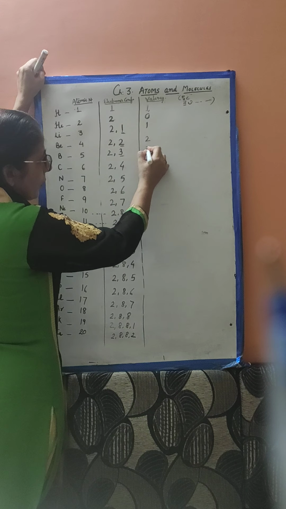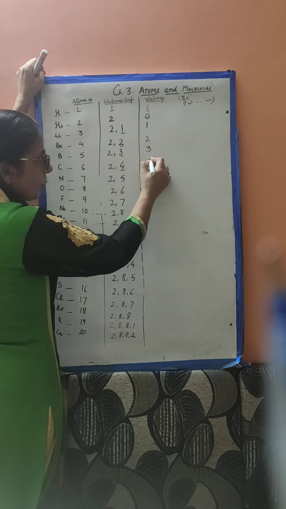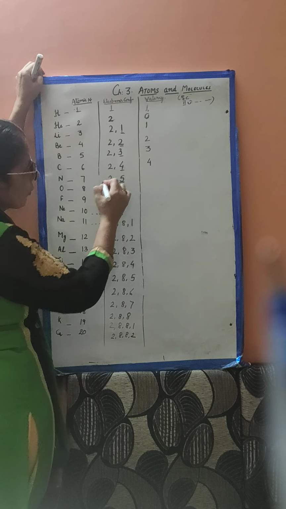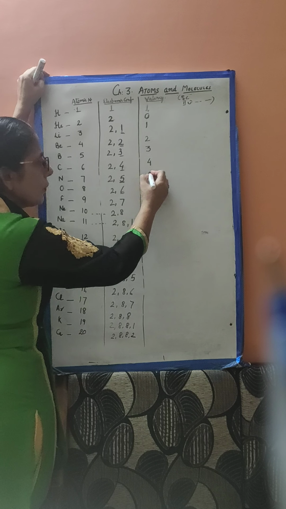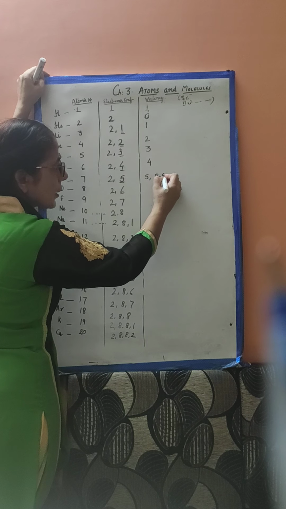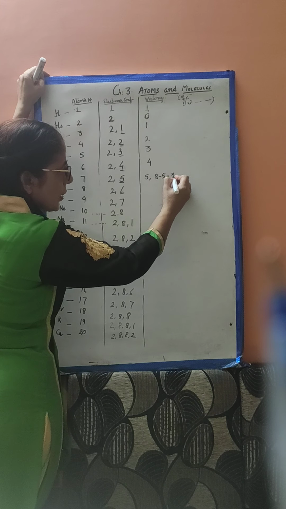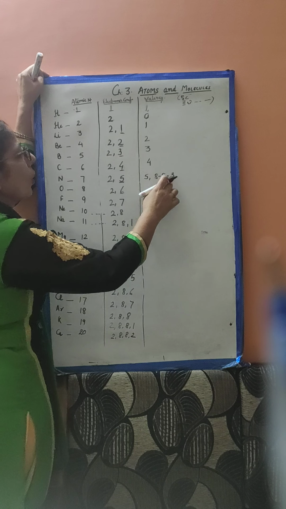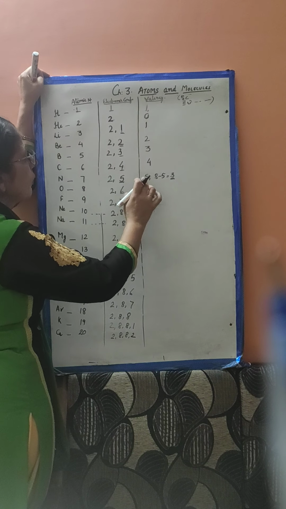Boron's outermost shell has 3 electrons. Carbon's outermost shell has 4 electrons. Now nitrogen's outermost shell has 5 electrons. So the valency can be 5 or 8 minus 5. Tell me, 8 minus 5 is 3. So it has a valency of 3 or 5.